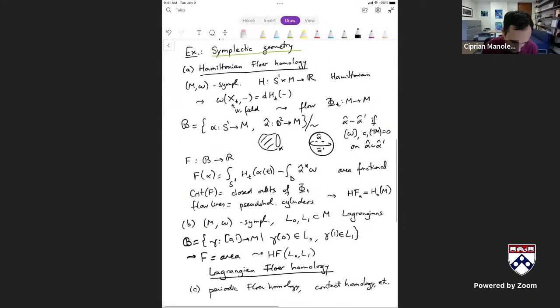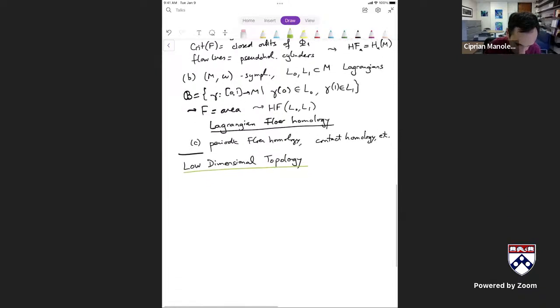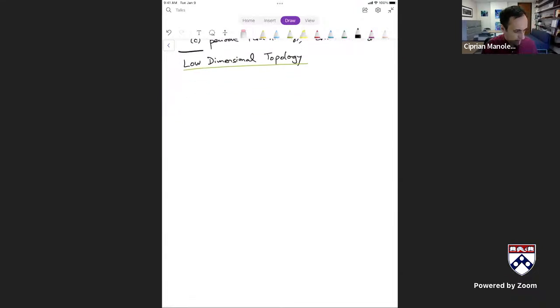Now, the other main area of mathematics where we encounter Floer homology is low-dimensional topology. And there we have Floer homologies that are associated to three-manifolds, or to a pair made out of a three-manifold and a knot, or a link.